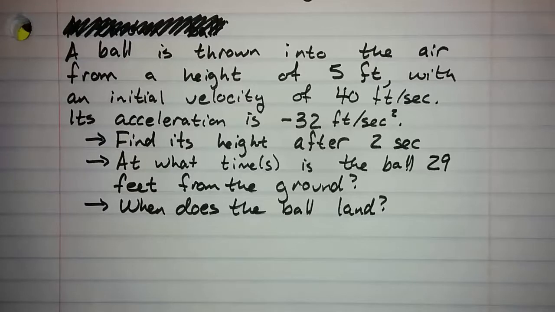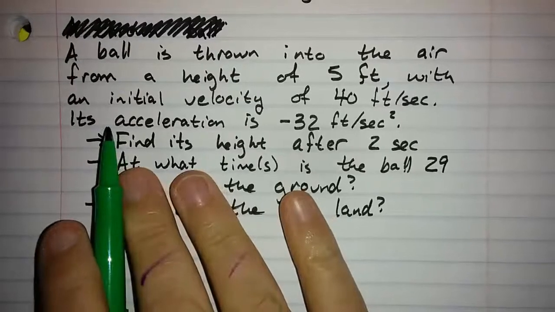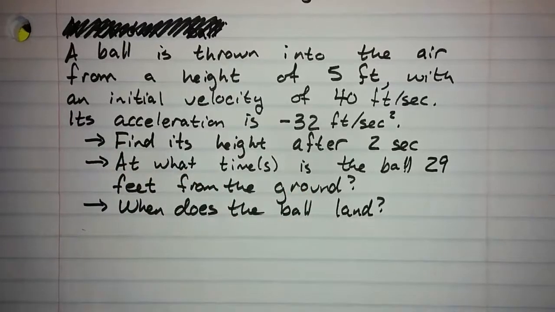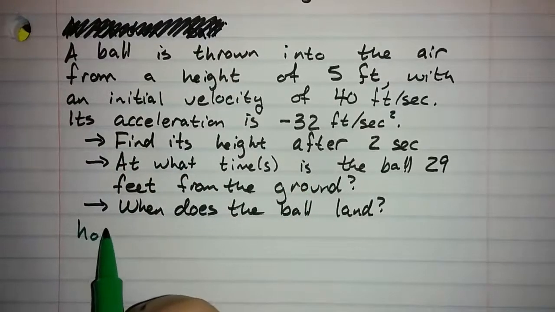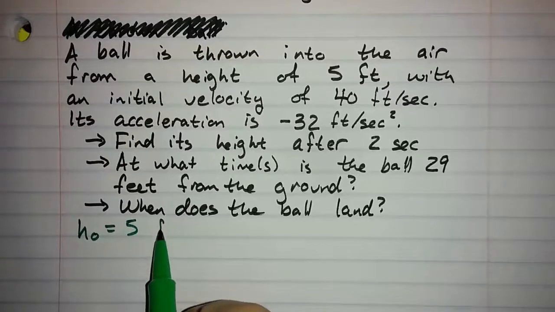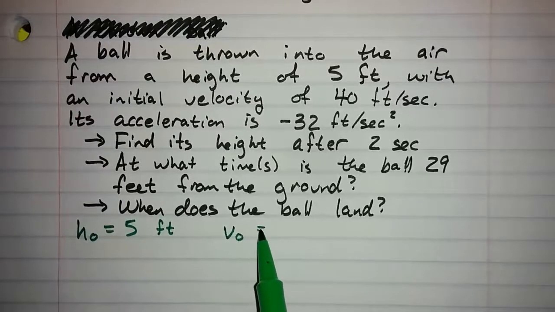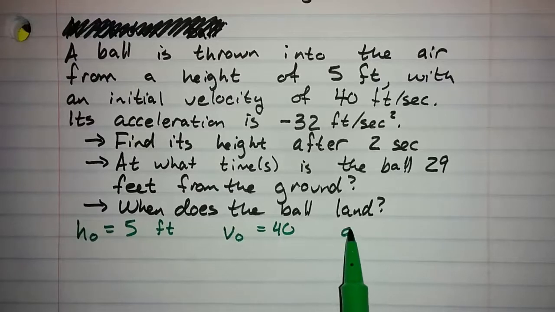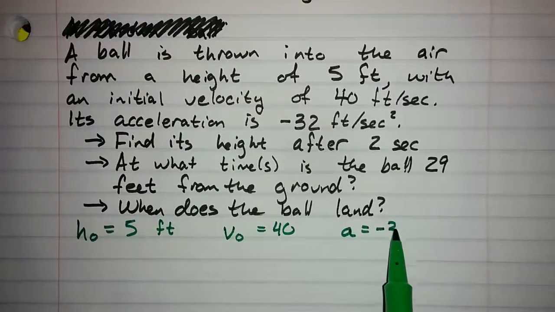So plugging into our equation, I'm going to call this h because it's a height. The initial height is 5 feet. The initial velocity is 40. The acceleration is negative 32.